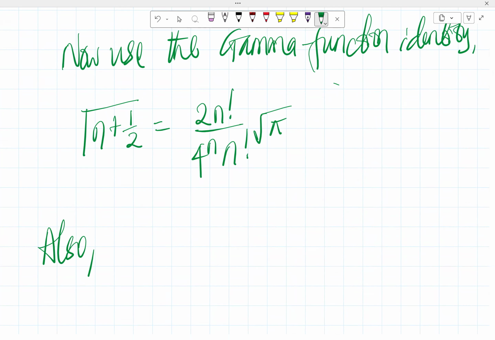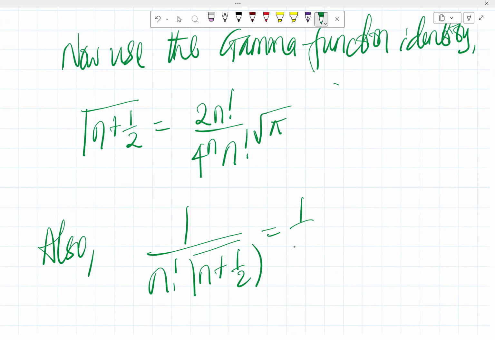Also in the denominator, we know we have 1 over n factorial gamma n plus 1 over 2. So that means we have 1 over n factorial times 2n factorial up here. Okay, no, this is 2n factorial.